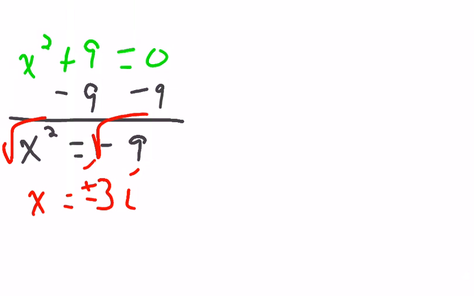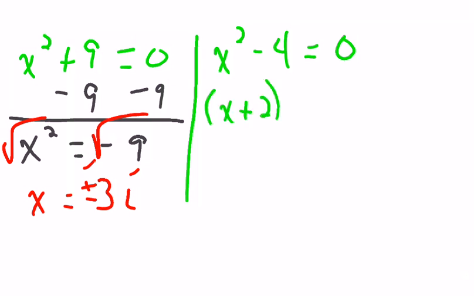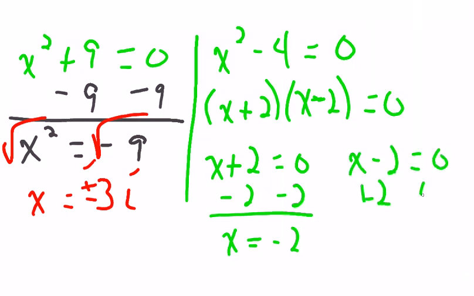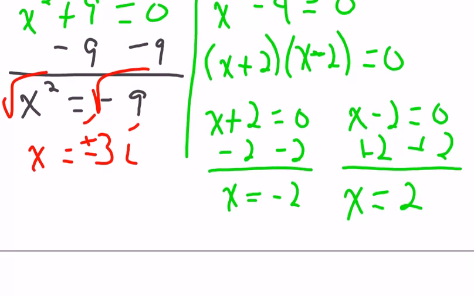So there's 2 answers there. The next one was x squared minus 4 equals 0. I could do the same way where I add the 4 and take the square root, or I could know that that factors to x plus 2 times x minus 2. Either way will work, because then we have x plus 2 equals 0. If I subtract the 2, I get x equals negative 2. If I do x minus 2 equals 0, I add 2 to both sides and I get x equals 2. So there's 2 more answers.